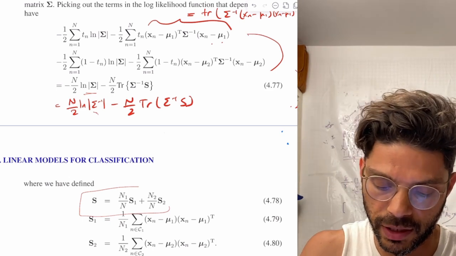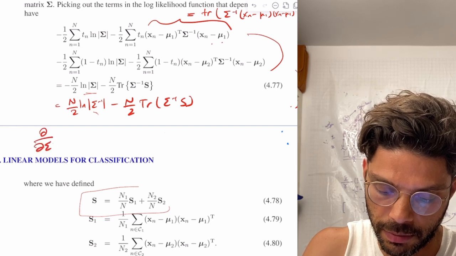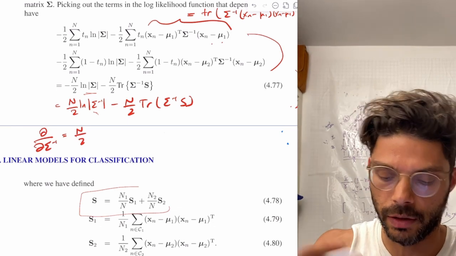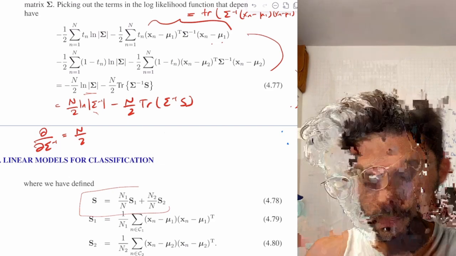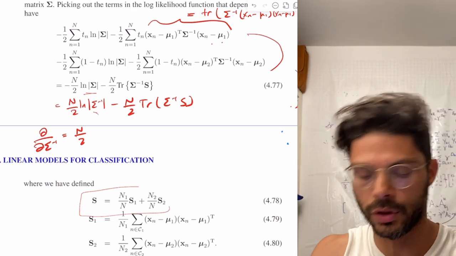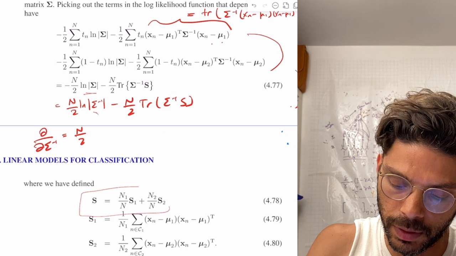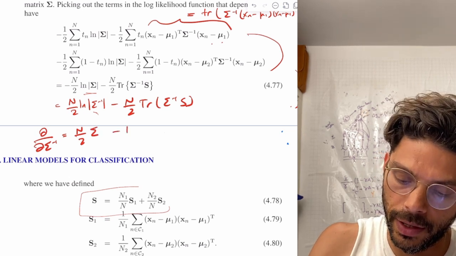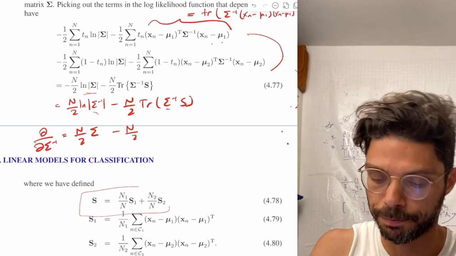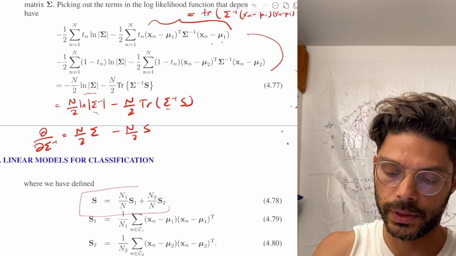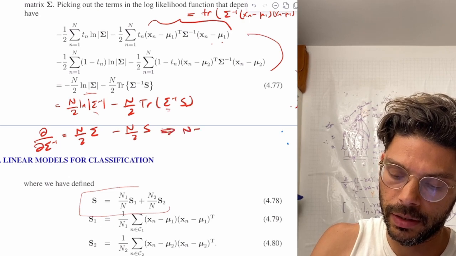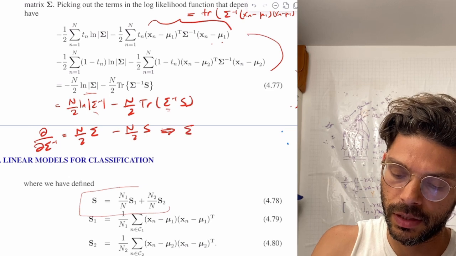If we take the derivative with respect to sigma^-1, it turns out that the derivative of the log determinant of a covariance is its inverse, and of a precision, it's the covariance. So there's going to be sigma, and the derivative of the trace term is really simple, it's just S. So this implies that sigma equals S.